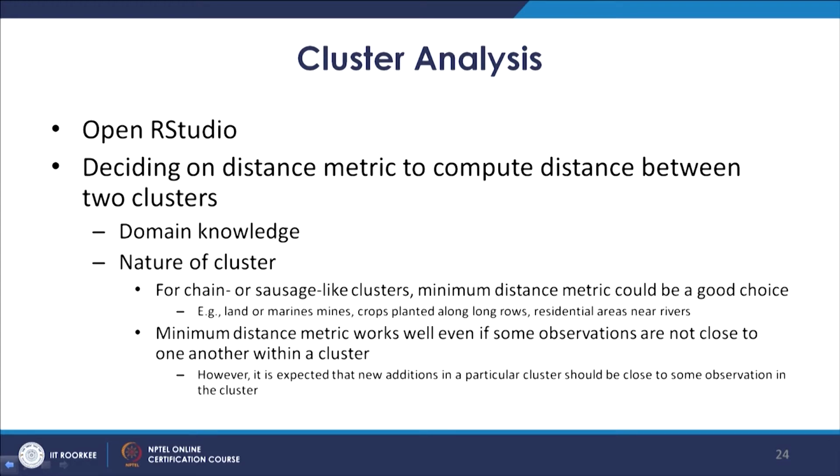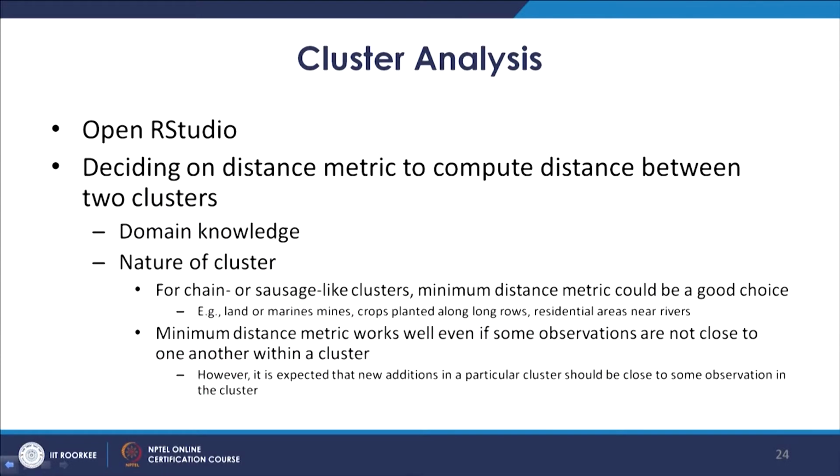Because of the way distances are measured, this metric tries to identify the closest observations from two clusters, and in a way it is linking up those chains. This metric is like a friend-of-friends scenario, and because of this, the cluster shapes for which it could be suitable are chain-like or sausage-like clusters.